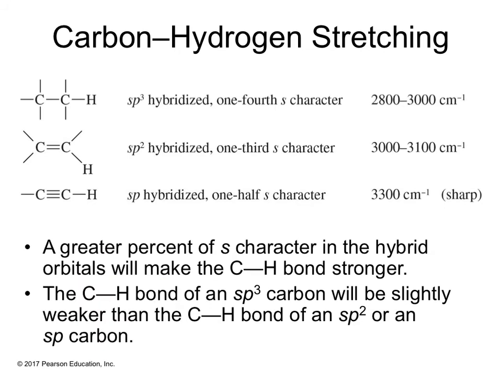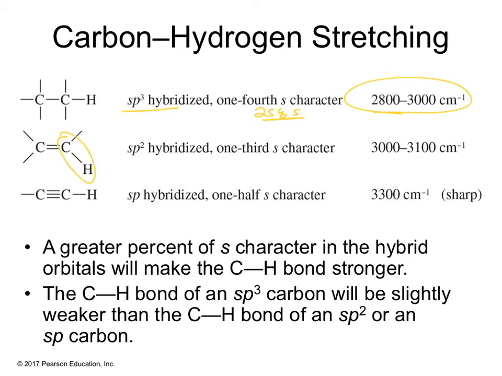Okay, so the hybridization: an sp3 hybridized carbon has about 25% s character, and it's going to show up around 2800 to 3000.